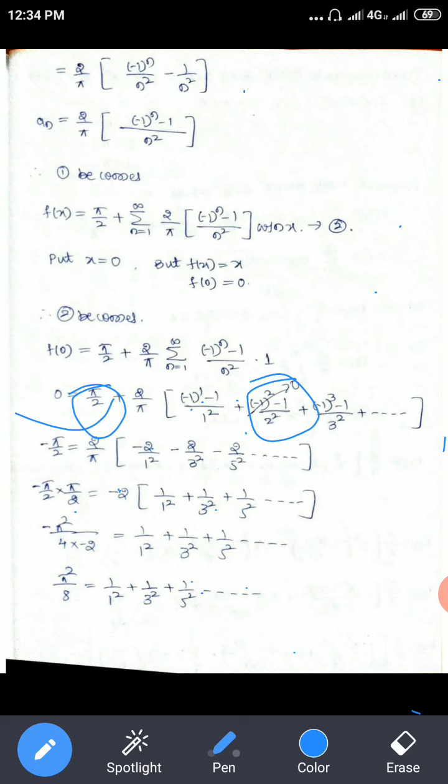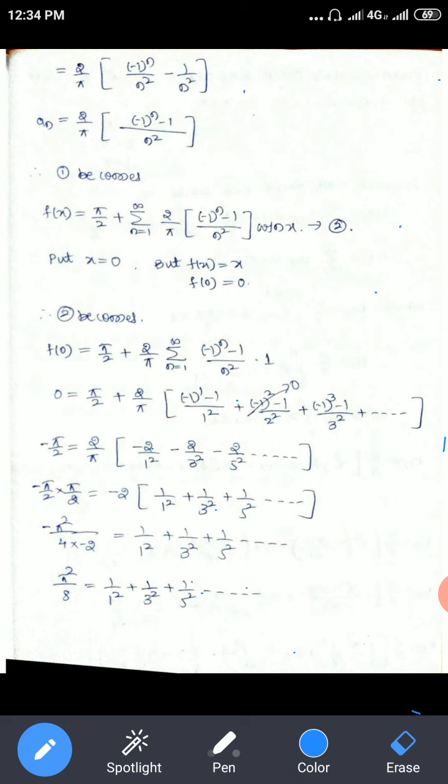Like that, generally I'll write minus 2 divided by 5 square, minus 2 divided by 7 square, and so on. Again, this term I'll shift to this side. So numerator becomes denominator, denominator becomes numerator. Minus pi by 2 into pi by 2 after shifting this side.